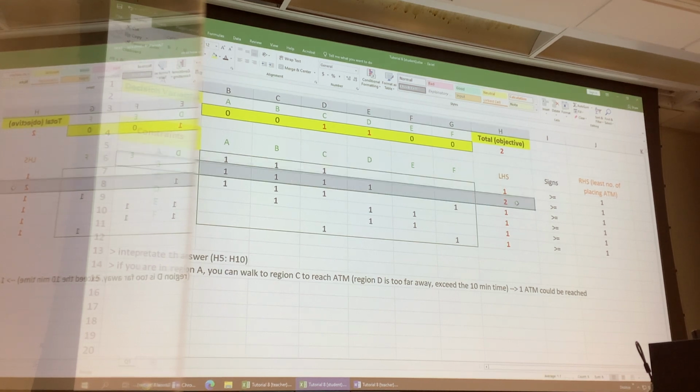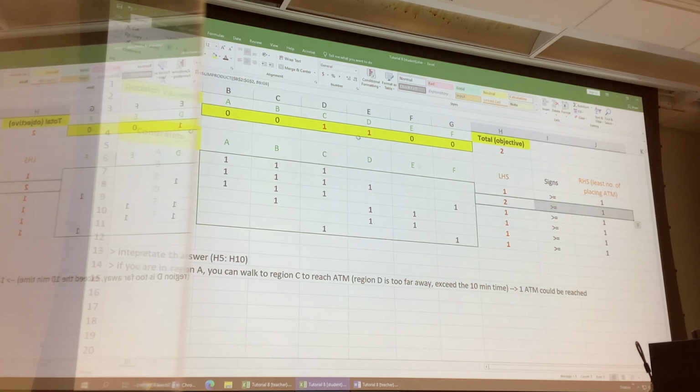So for region B, as you may know, it is 2, right? And that is okay because we need at least one ATM, and we can access the ATM machine. It exists, right?